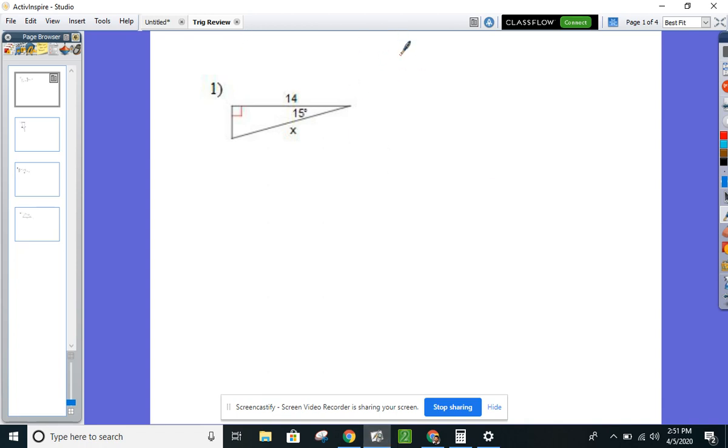Now, remember, there are three main trig functions: sine, cosine, tangent. Now, we always said what goes with what. Well, remember, some old hippie caught another hippie tripping on acid. So this right here says that the sine of an angle is equal to the opposite over the hypotenuse.